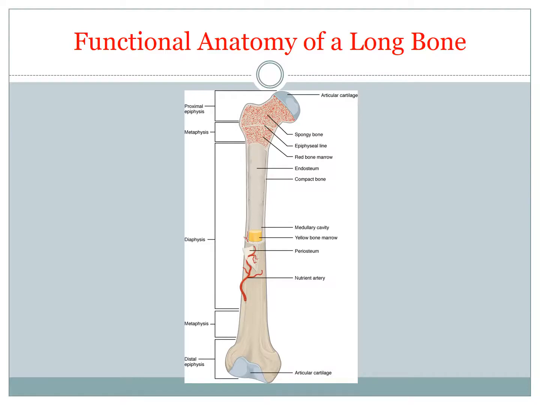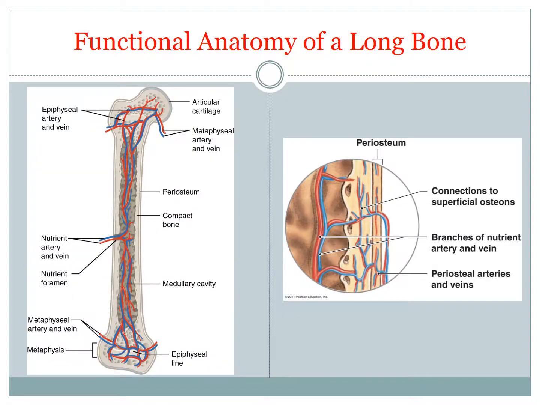The next slide shows some of the additional features, like the nutrient foramen, which is the opening for the nutrient artery and vein. And you can see that here. The nutrient foramen allows bones to grow and be maintained, and in order to do that, they need an extensive blood supply.